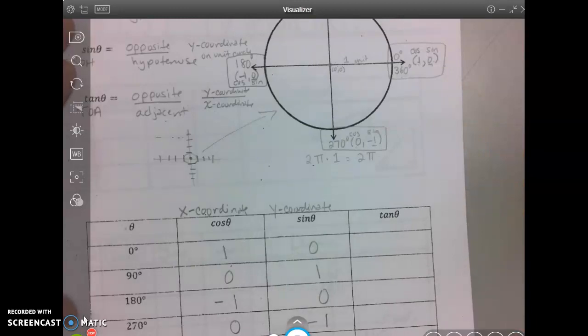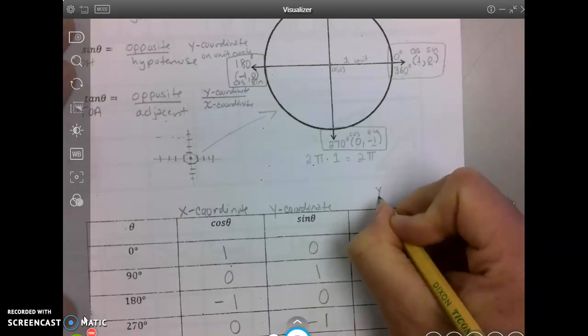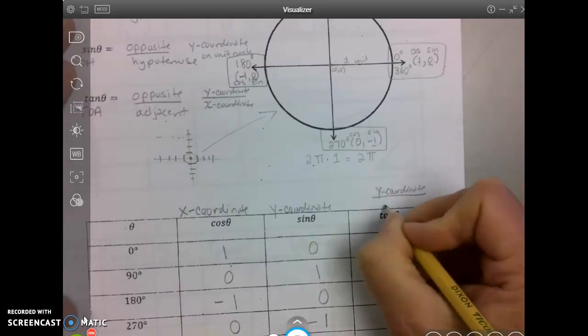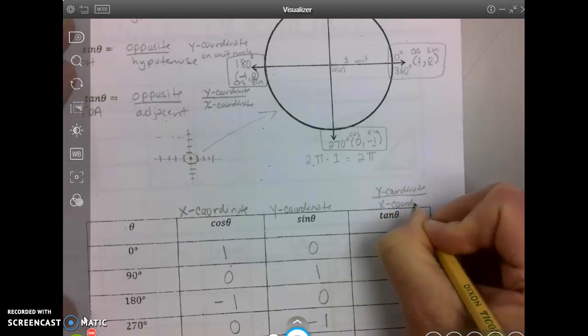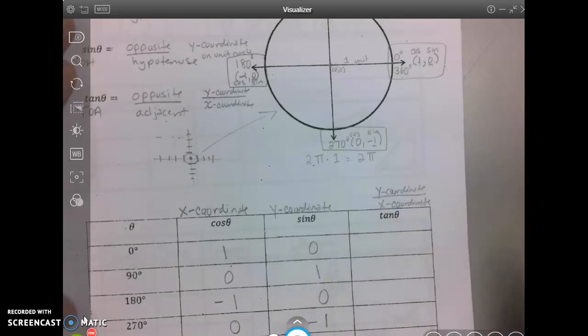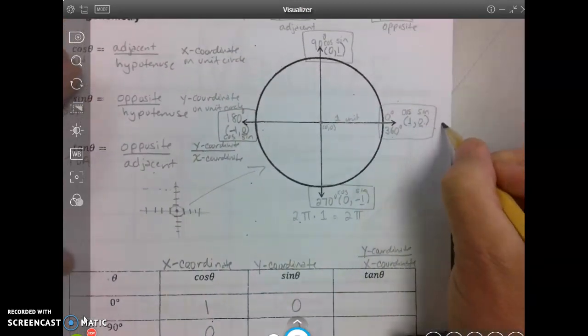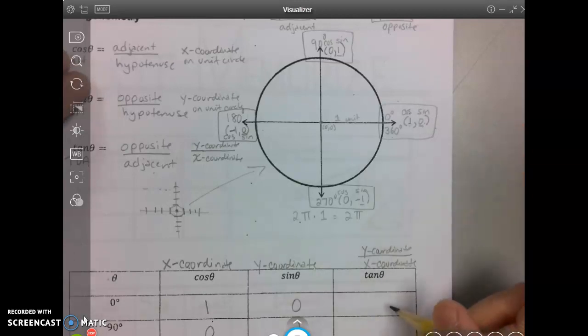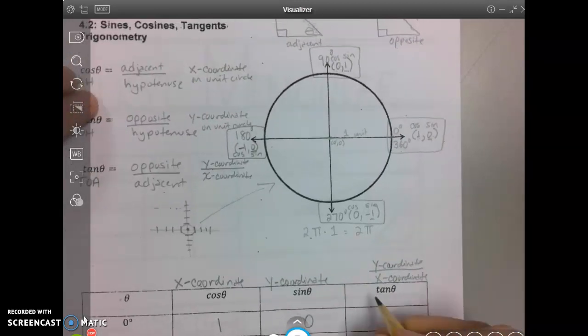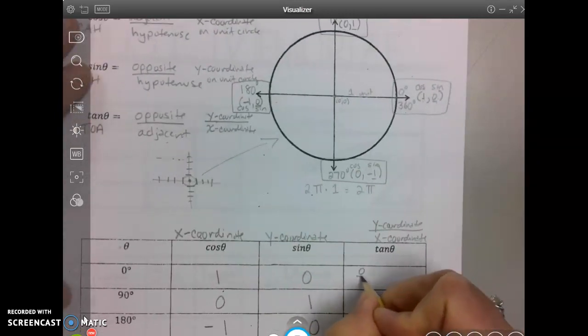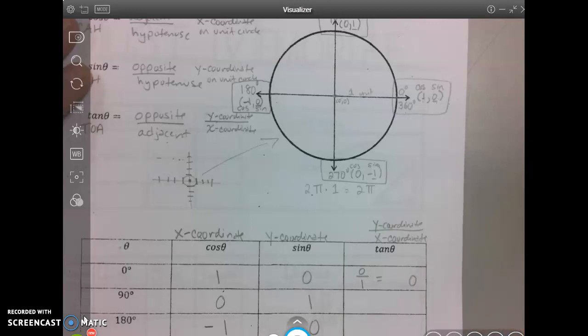Now, tangent, since it's sine over cosine, is going to be my y-coordinate divided by my x-coordinate. When I am writing the tangent on the unit circle, I usually put it to the outside. We can do it in the table first, and then we can add it to the unit circle. So y-coordinate divided by x-coordinate for 0 degrees would be 0 divided by 1, which is 0.